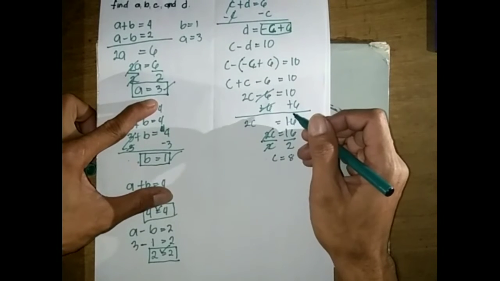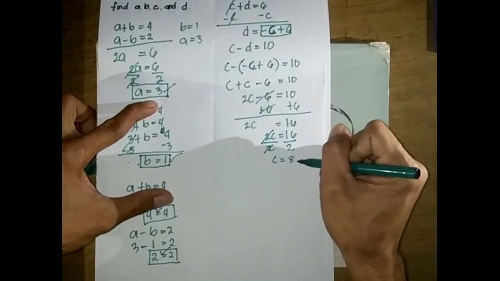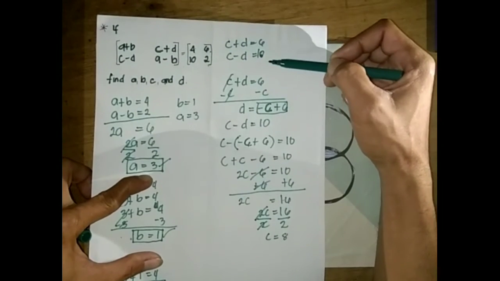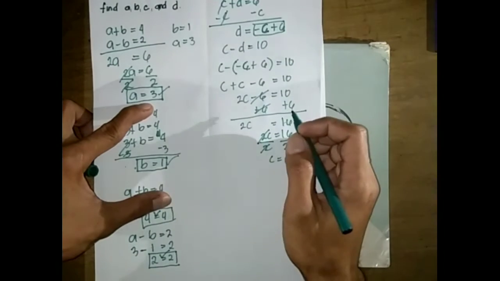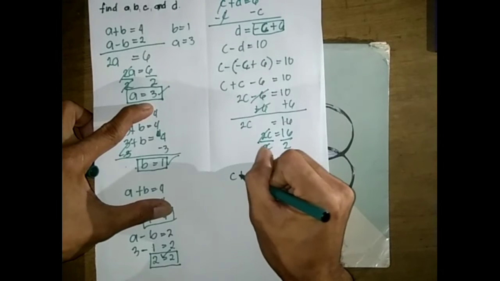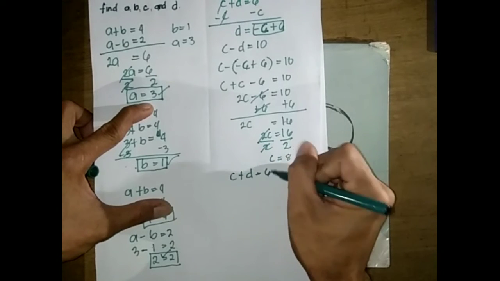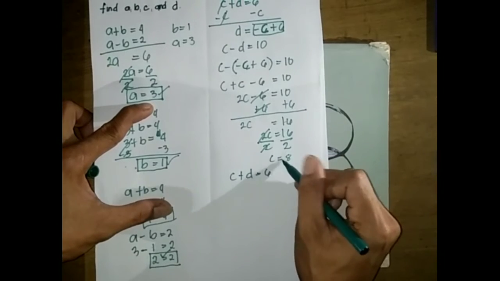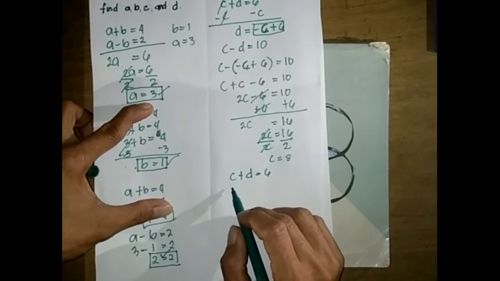Then we will substitute the value of C to either equation 1 or equation 2. We will use equation 1, which is C plus D is equal to 6. So yung 8 natin is isusubstitute natin dito sa variable C natin.